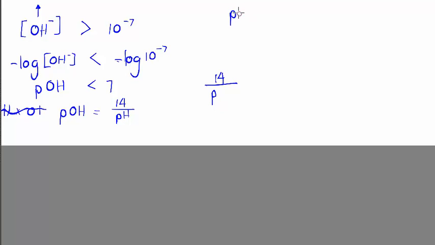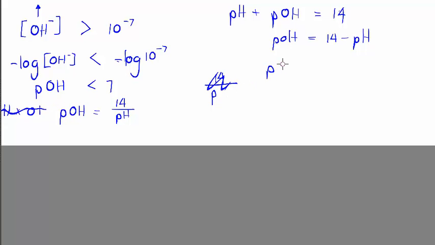Sorry, I said it wrong before. pH plus pOH, that is equal to 14. So in other words, pOH is 14 minus pH.